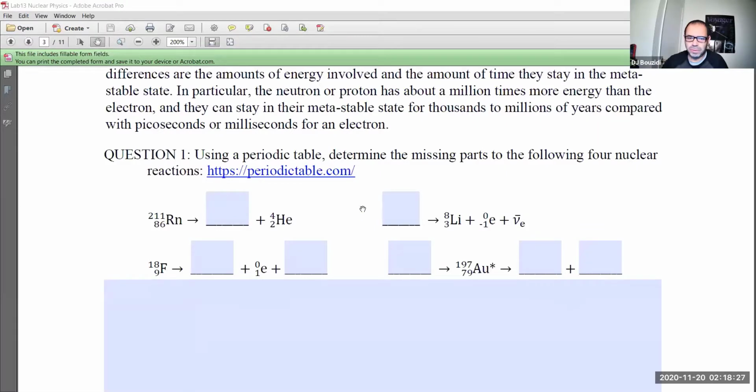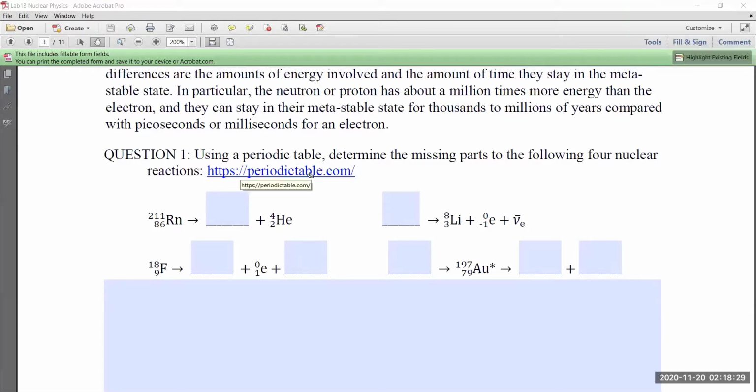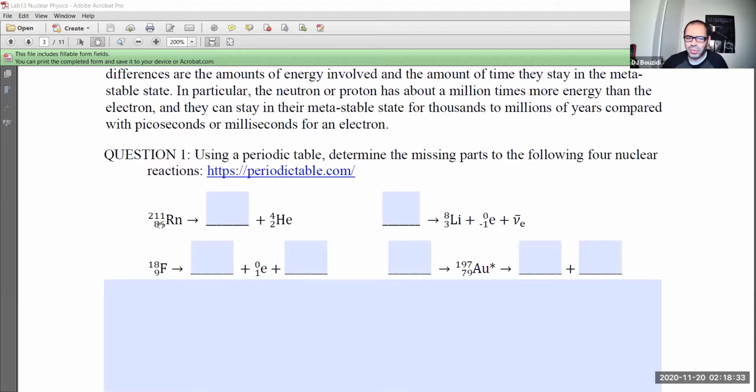Here is the first question. You're supposed to click on this link and do the math. 86 minus 2 is what? 84. So I'm supposed to go to the periodic table and find an element that has 84 protons.